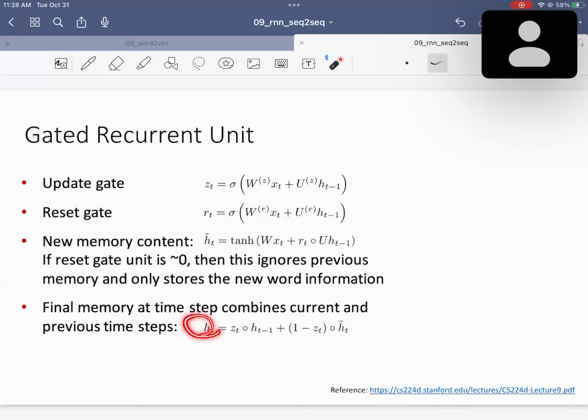If you look at this, the only way X_t could flow into H_t is through H tilde. So if X_t is important, if it's valuable information, then hopefully Z will be close to 0. If not, then hopefully Z will be close to 1 so that you can just forget about it. Hopefully that makes sense to you.